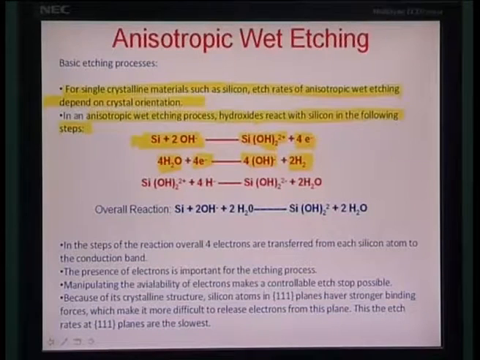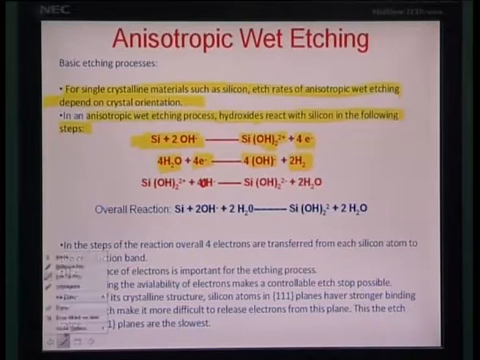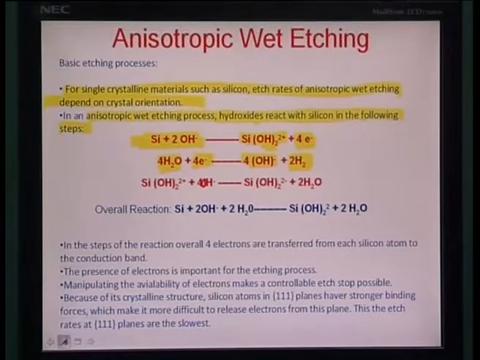So, the 4 OH minus which is generated in the previous step reacts with Si(OH)2 2+, and this gives Si(OH)4 and H2O.